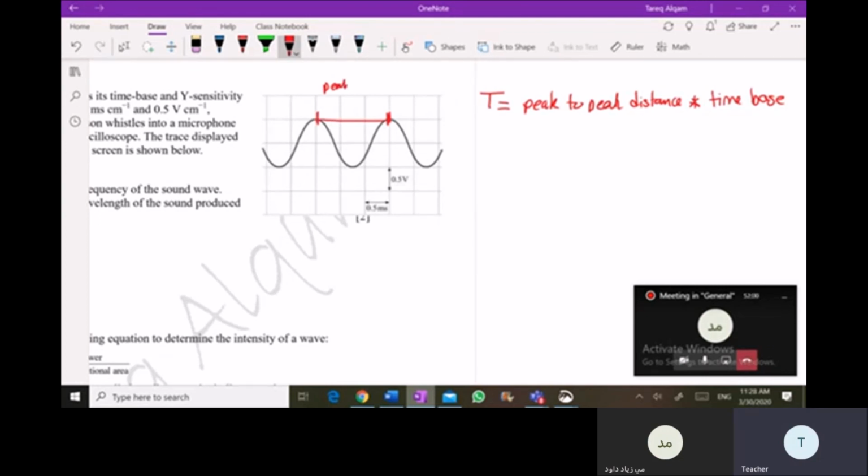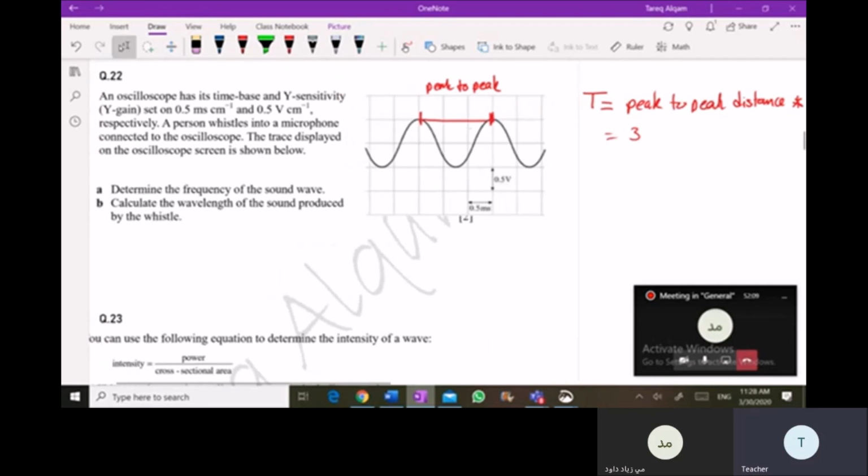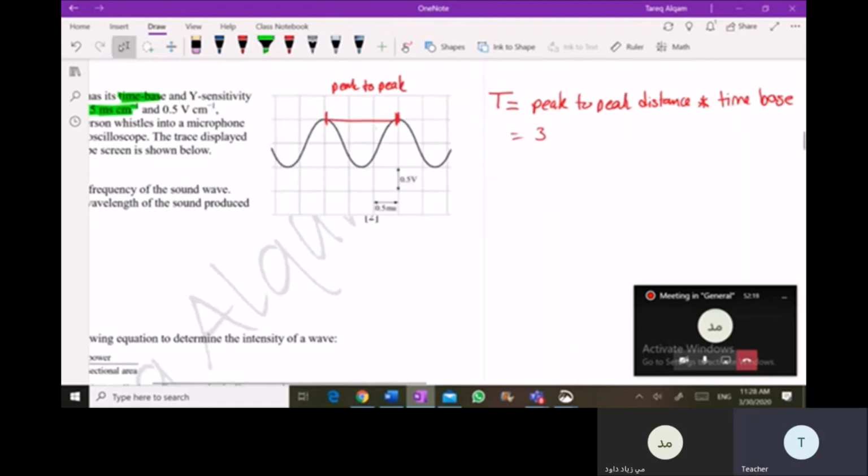Peak to peak, right? The peak to peak distance is 1, 2, 3 divisions, with the time base. Look, it's given here. This is the time base: 0.5 milliseconds.